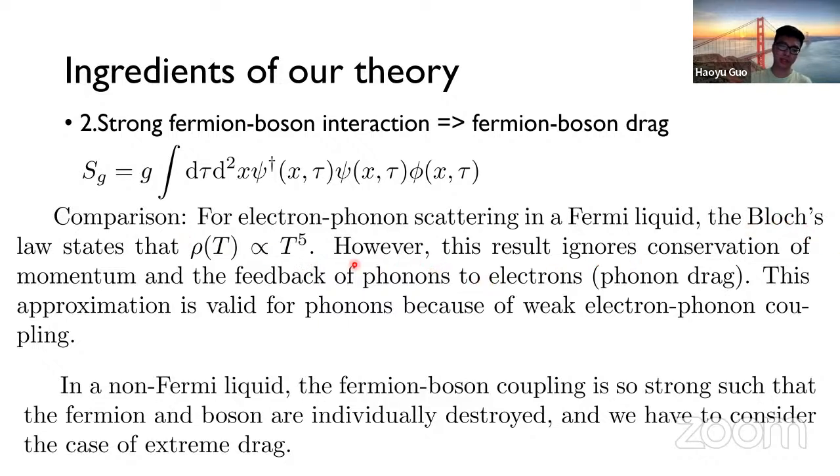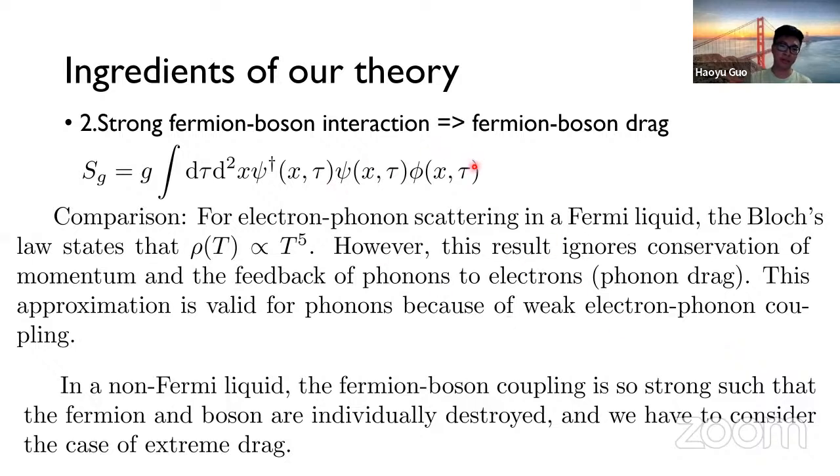In this calculation, they basically assume that the fermions are scattered by the phonons, and then the phonons are just gone, dumped into the environment. This kind of calculation ignores the conservation of momentum of the total system, and also the feedback of phonons to the electron system, which is called phonon drag. This approximation is relatively good for electron phonon systems, because they are usually weakly coupled.